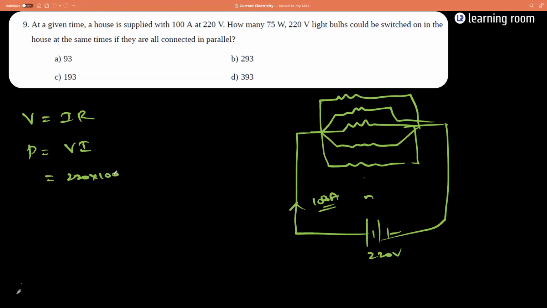Then what did you do to this? I divided it by the power of one bulb, which is 75 watts. 220 into 100 divided by 75. This will go 4 times, this will go 3 times, it will be approximately 73 point something, 293.333, recurring. The answer will be 293. So that's the answer.